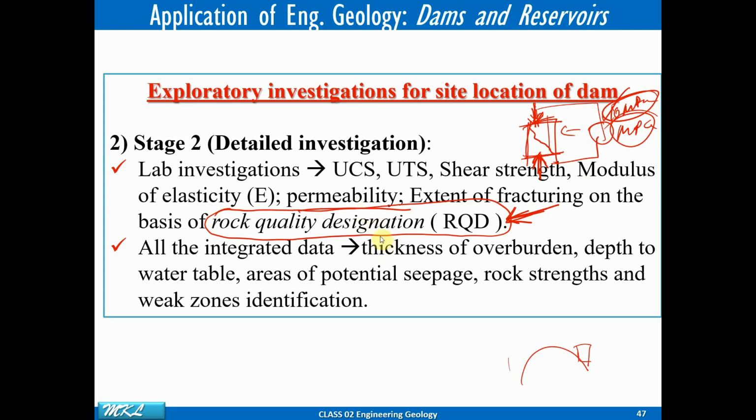So there is an empirical parameter by seeing which you can say that its RQD is like this, so it's a good rock for tunneling or a good rock for dam construction, over which you can make a dam. Okay, so you will be doing this study and integrating all the data: the thickness of overburden, depth of the water table, areas of potential seepage, rock strength, weak zone identification.